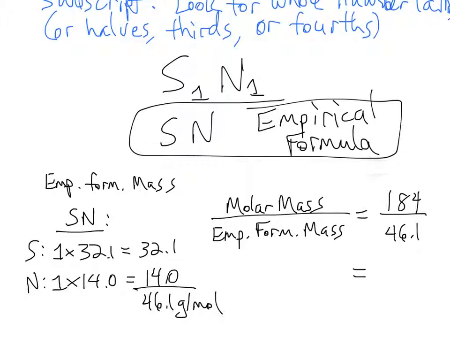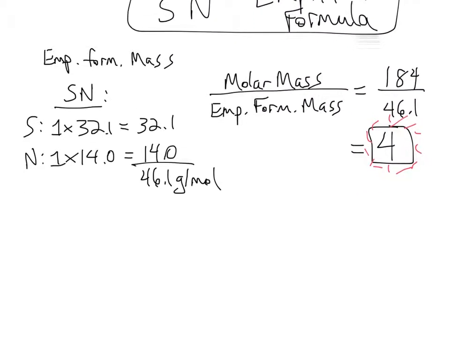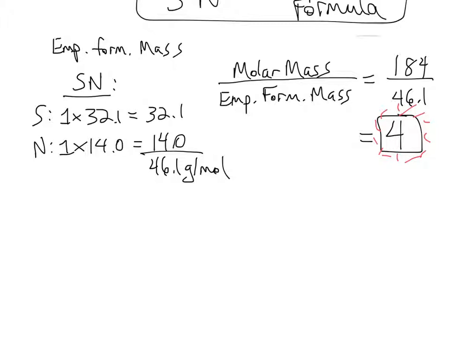So when I punch 184 divided by 46.1 onto the calculator, I get a number that's really close to 4. So that number, that 4, is what we're going to multiply the subscripts in the empirical formula by in order to arrive at the molecular formula. So in the empirical formula, it was S1N1. The molecular formula then would be S4N4.